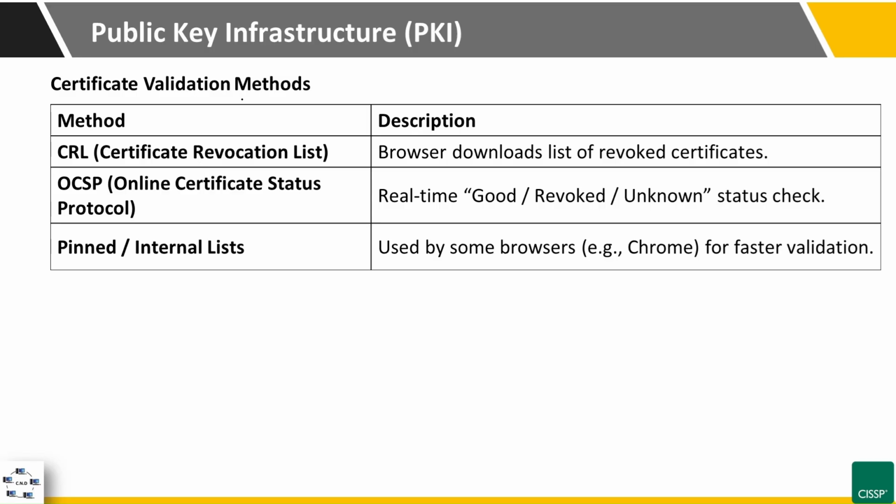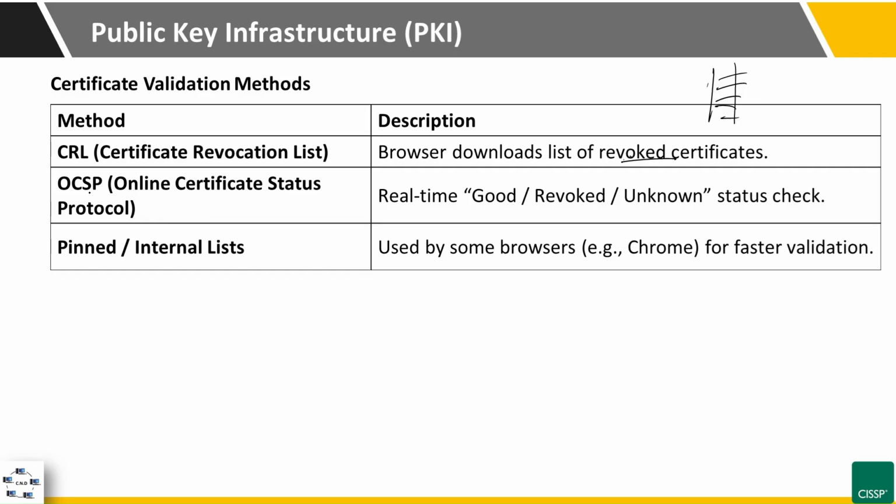Certificate validation methods include CRL, which is the certificate revocation list, where the browser downloads a list of revoked certificates. This is, you can say, an old method where the browser would download all the revoked certificates. It would be a long list.